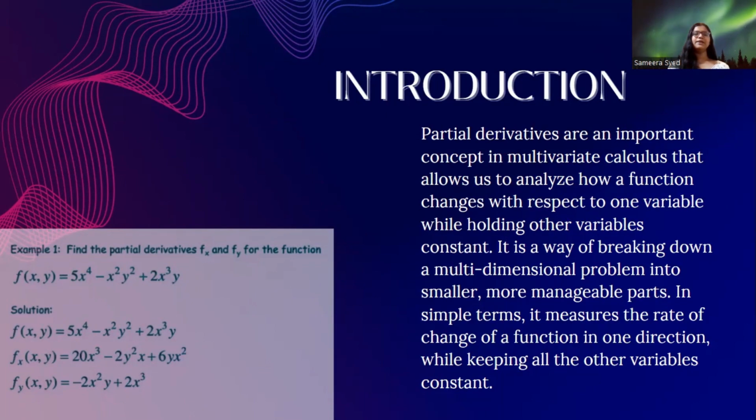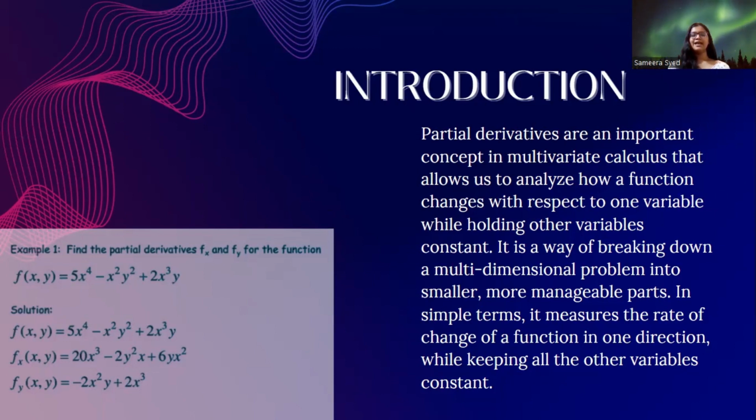Find the partial derivatives f_x and f_y for the function f(x, y) = πx^4 - x²y² + 2x³y. Solution. We have our initial f(x, y) = πx^4 - x²y² + 2x³y.